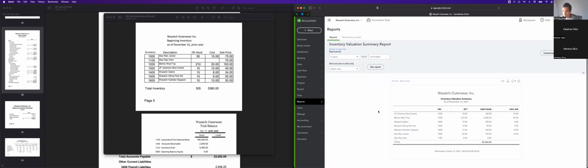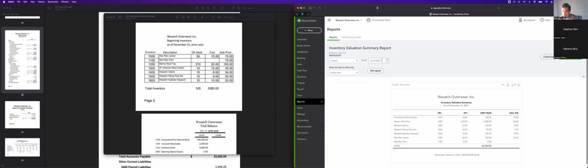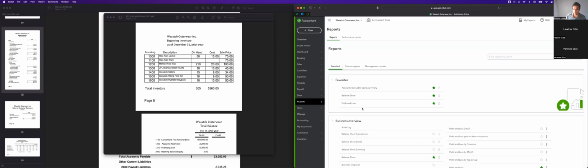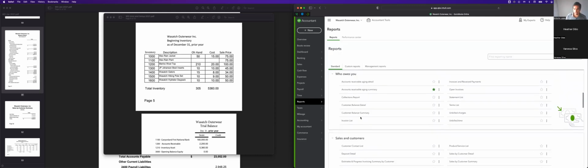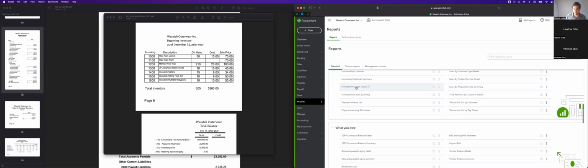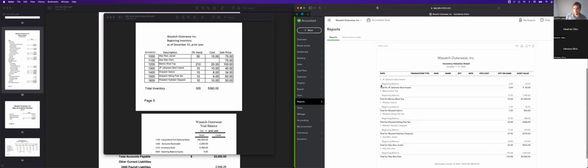That looks good. That looks good. Okay. I think I was just running it for the wrong date, so it was looking funny. It wasn't matching what I wanted to match, but I think we're good.